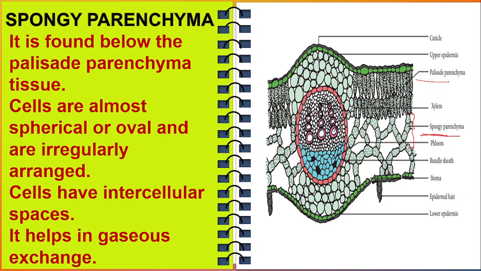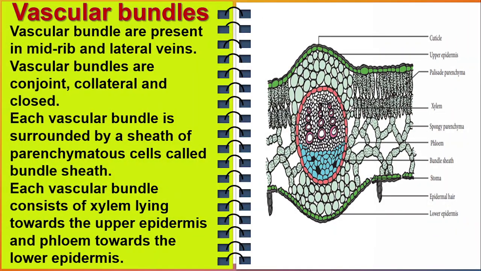Cells have intercellular spaces. See, these are the intercellular spaces between the cells. It helps in gaseous exchange. Gaseous exchange means it takes in carbon dioxide and gives out oxygen during photosynthesis.